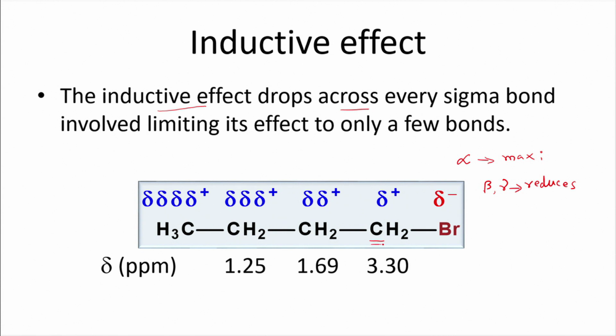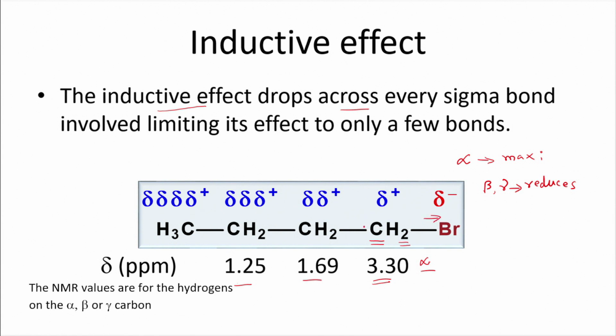This particular methylene carbon has 2 protons. In the case of NMR signals for this bromo derivative, the NMR values are coming at 3.3 for the alpha carbon hydrogen, and it goes to 1.69 for the beta and 1.25 for the gamma position. So, in other words, the electronegativity pulling of the bromine decreases when we move away from that atom.